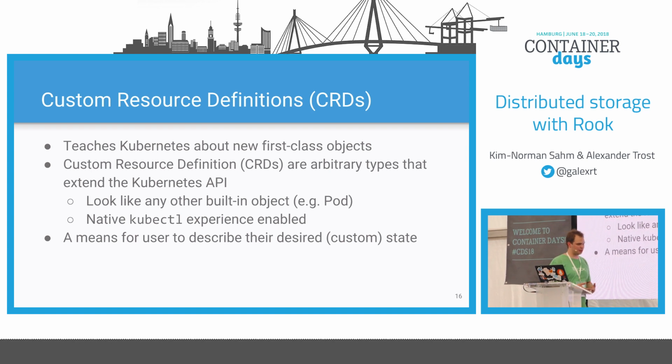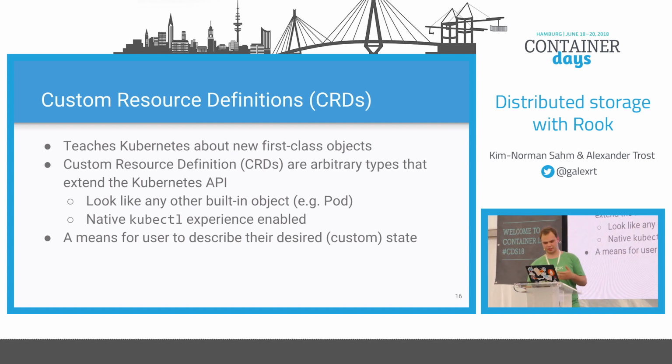CRDs just allow us to have the same experience as you have with existing objects, like with pods. If you run kubectl get pod, you get the same as if you run kubectl get clusters. You get to see the objects that exist there in the API. And as with the normal objects like pods, you describe the desired state.